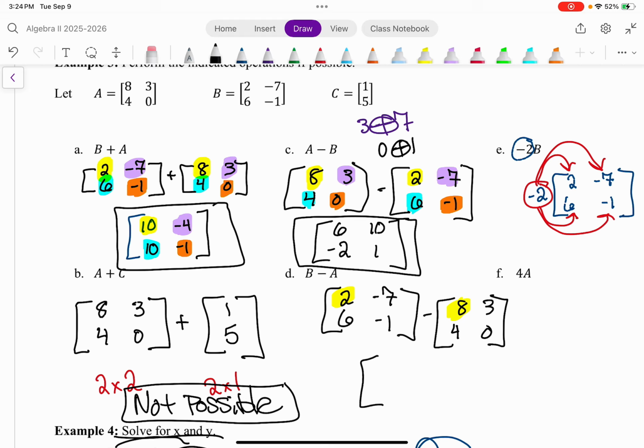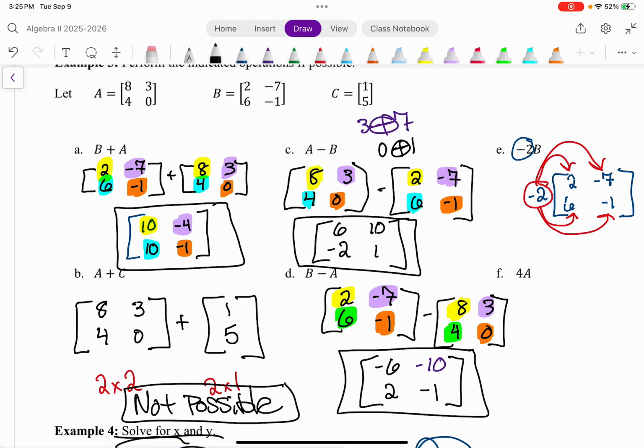So we'll have 2 minus 8 will give us -6. -7 minus 3 will be -10. Next, we can do 6 minus 4, give us 2. And lastly, -1 minus 0, which is just going to stay -1. And that would be our answer for matrix D.